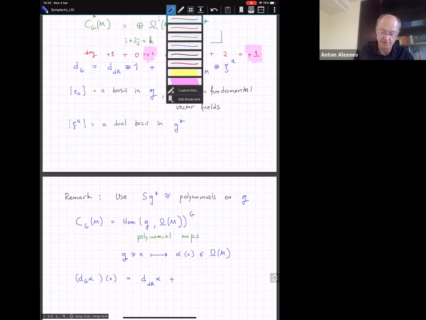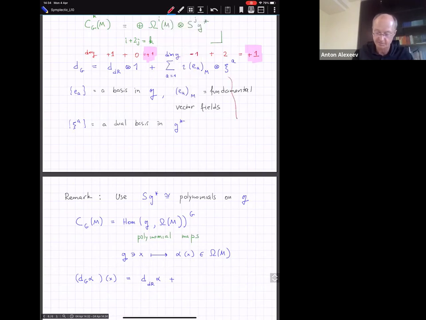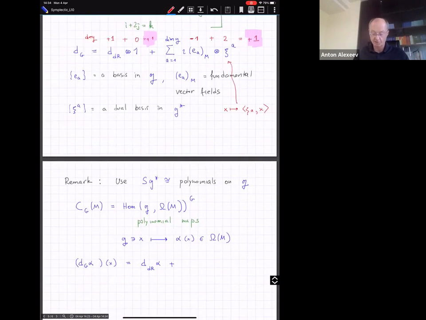Those ξ^a's are linear functions on our Lie algebra, which map X to the pairing ⟨ξ^a, X⟩. And X, let's call this X^a, is just X^a times e_a, the decomposition of X under the linear basis that we chose.